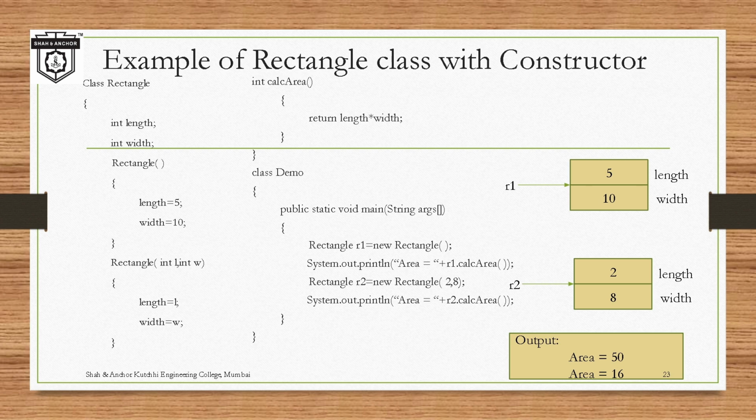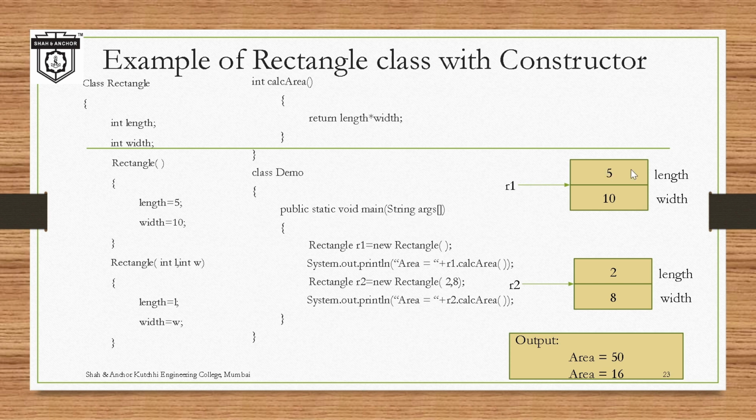In the main method of the demo class, when we create the object as Rectangle R1 equal to new Rectangle, the default constructor is invoked, because in this case no parameter is passed. So length and width are initialized to 5 and 10 for R1.